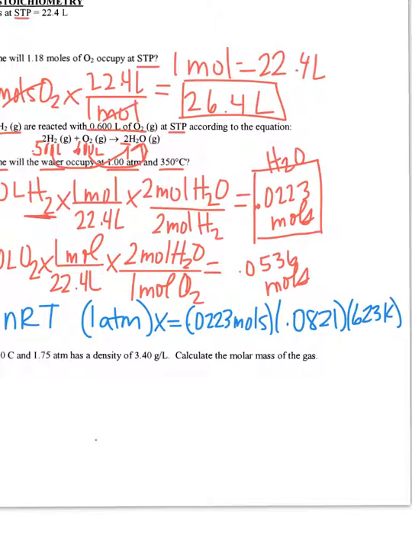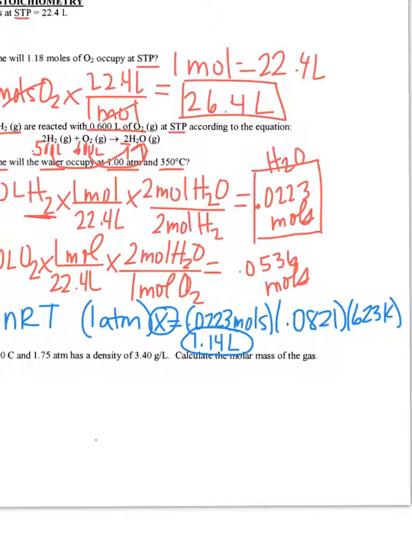Okay, now solve for X. And then when you solve for X, once again, always double check my math, I get 1.14 liters. So you should double check that to make sure I did it correctly.